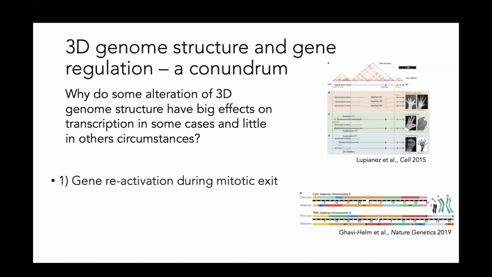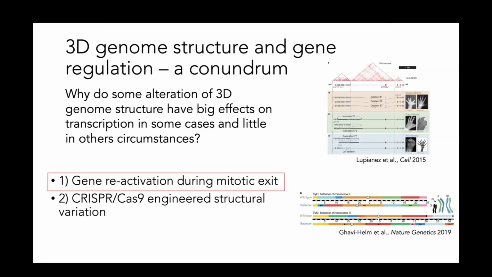One is looking at gene reactivation during mitotic exit. The second is using CRISPR-Cas9 genome engineering to create structural variants de novo and examine their impact. I'm going to start with the mitotic exit part.